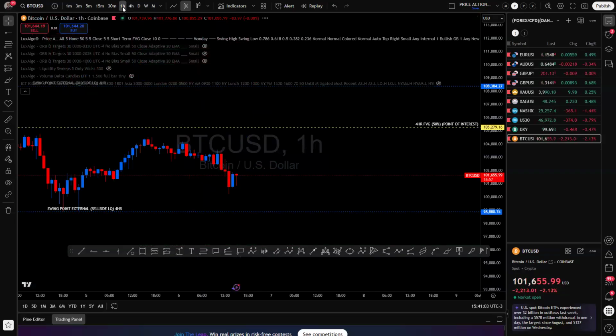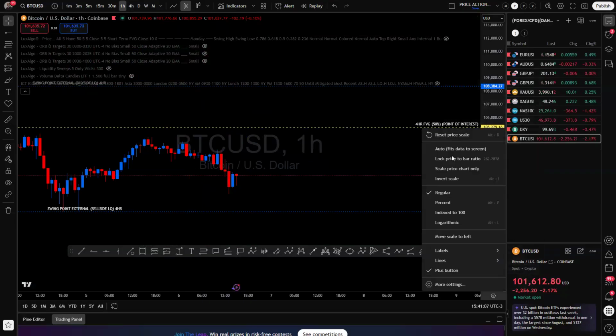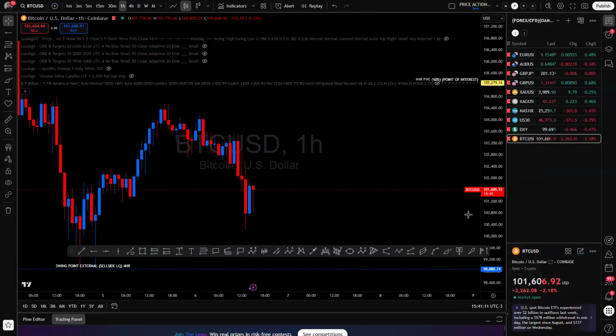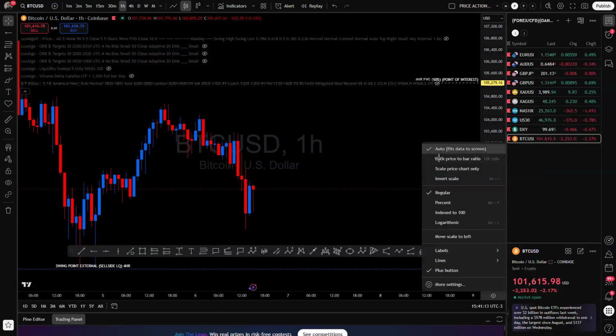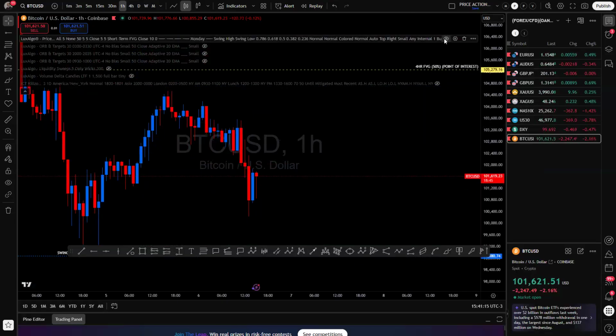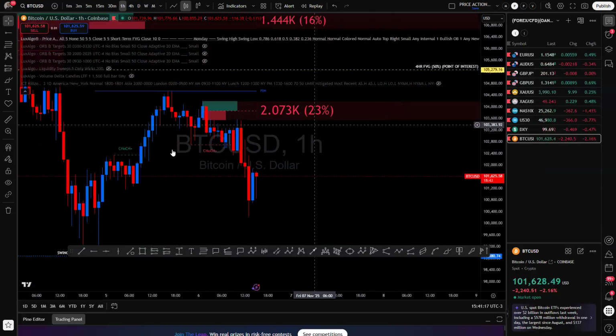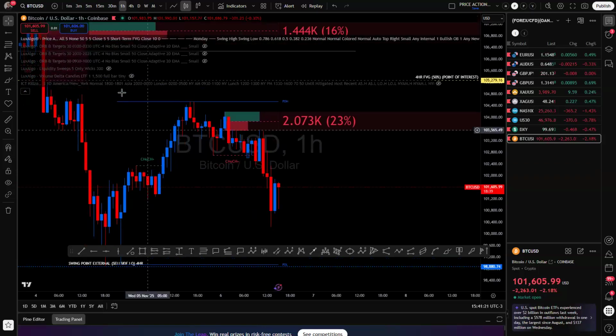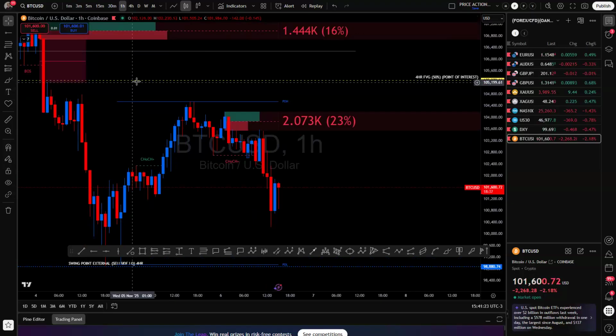And let's see where we're at in 1 hour. Let me turn this off here. And so it looks like there was manipulation of the bulls here.